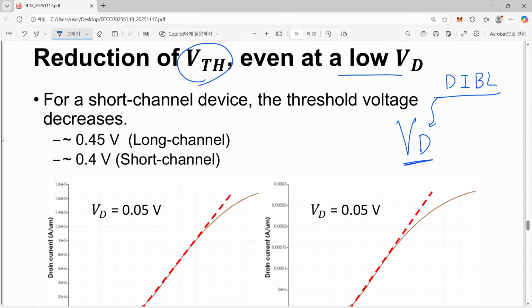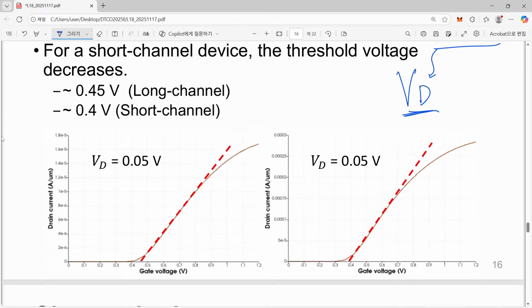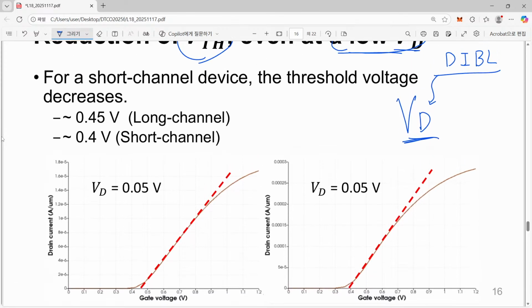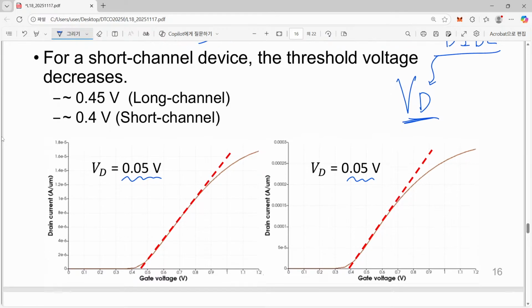That is DIBL. However, in this case, even without applying any meaningfully high drain voltage, our threshold voltage measured at the 50 millivolt case still shows somewhat different values.